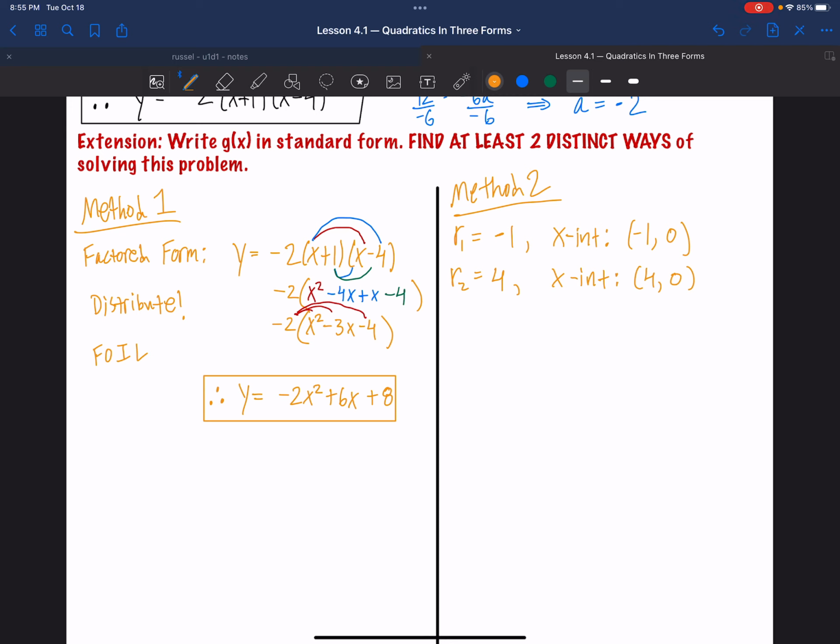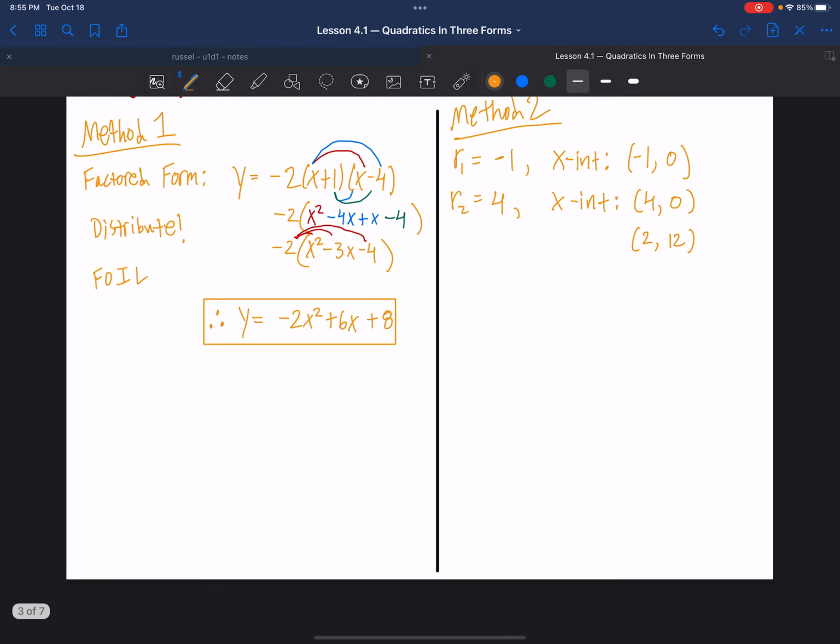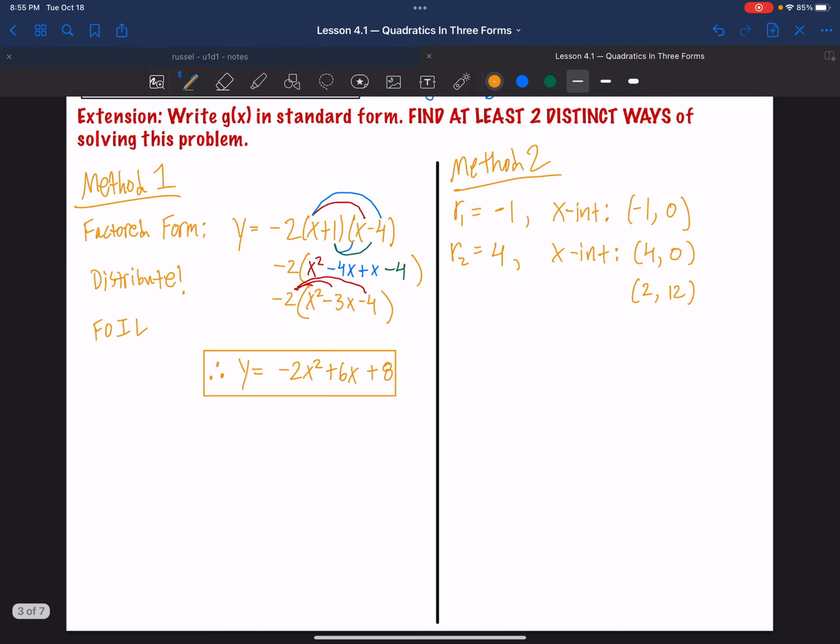And then I have the last point at 2 comma 12. So you can create a system here. You say y equals ax squared plus bx plus c, and you plug in these 3 points to make your system.